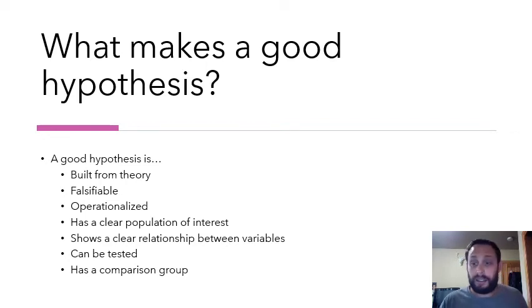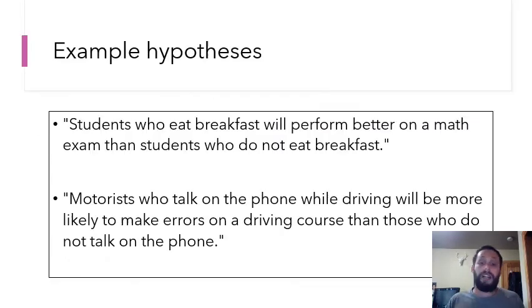So that's what makes a good hypothesis. I have a couple of examples that I wanted to talk through. My first hypothesis is: students who eat breakfast will perform better on a math exam than students who do not eat breakfast. I have a clear population of interest, my students. Everything's operationalized in some way. I can measure whether you ate breakfast or not.